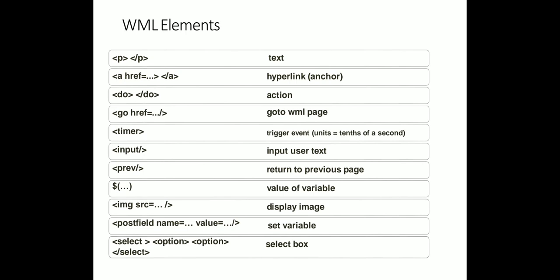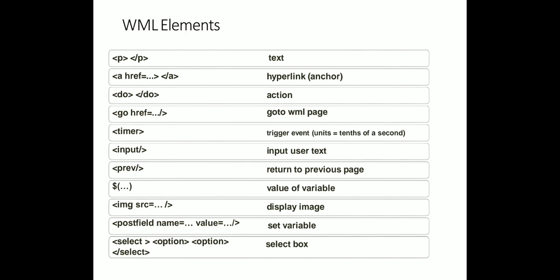Then input, which takes text. Then prev, which is for returning to the previous page. Next, dollar and a parameter, that is the value of a variable. Then img src, that is the image source, for displaying an image.